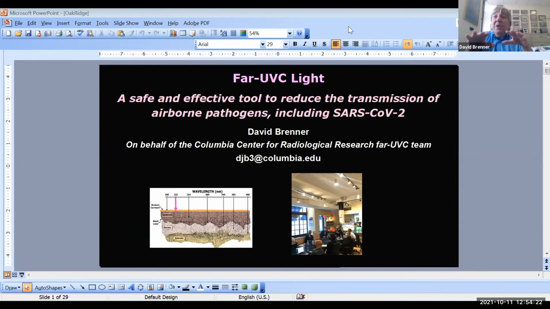What you really want is fairly uniform exposure over the whole of that room. The early Far-UVC lights that came out had a pretty narrow solid angle, so the beam was coming down in a pretty tight cone, and that wasn't ideal.